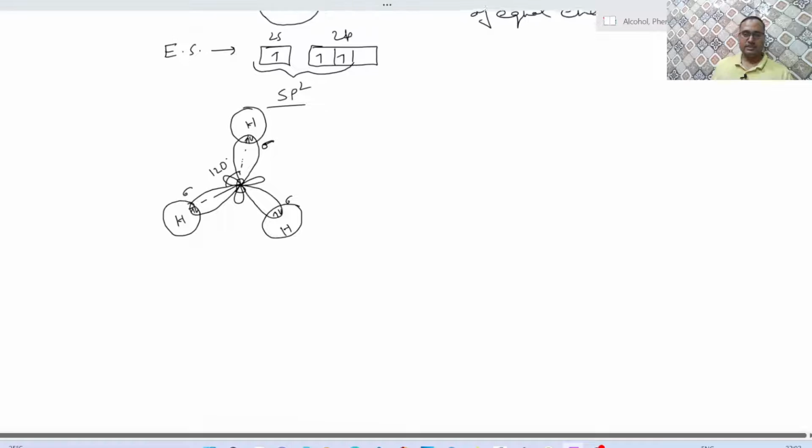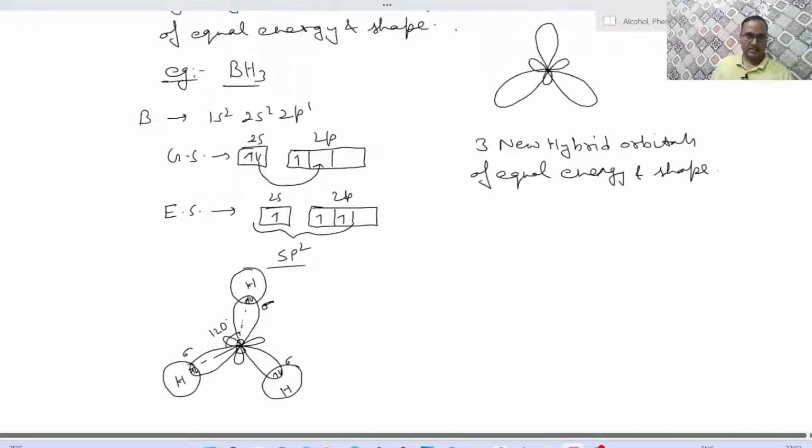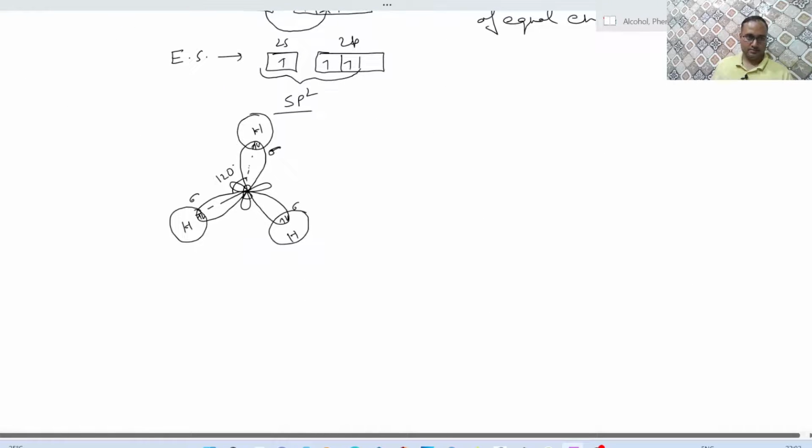Next type of hybridization, that is the third type, is sp3.